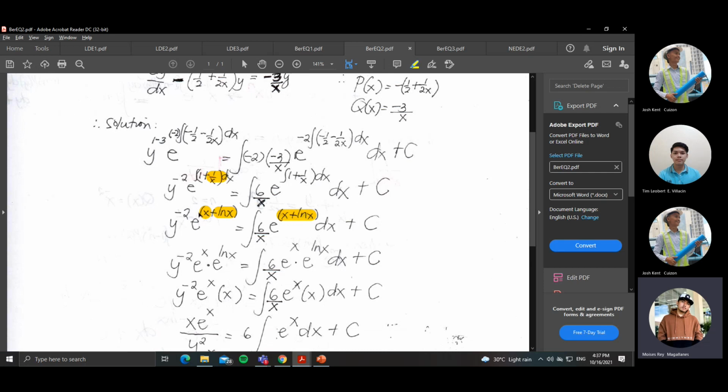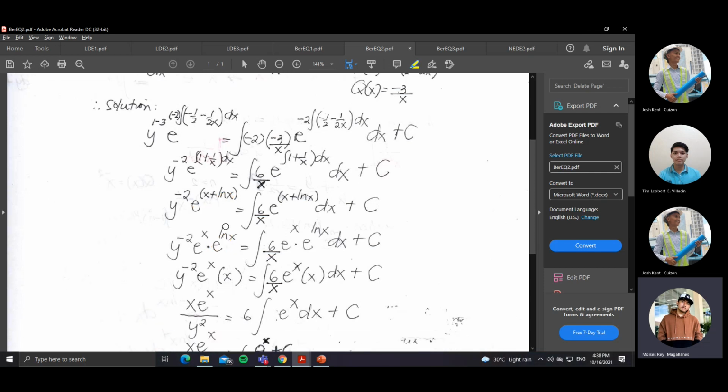And then we separate it. So this becomes e raised to the power of x, multiplied by e to the ln of x.